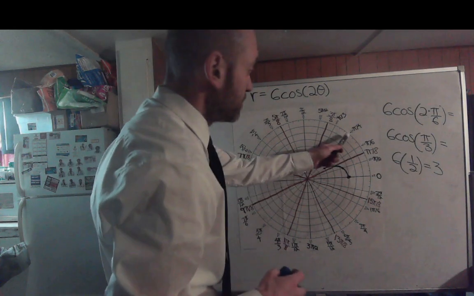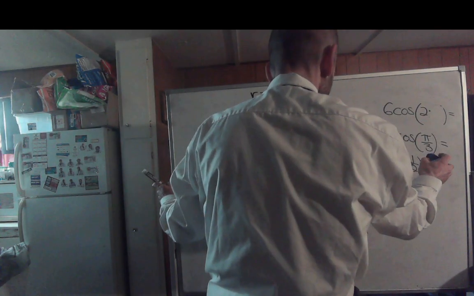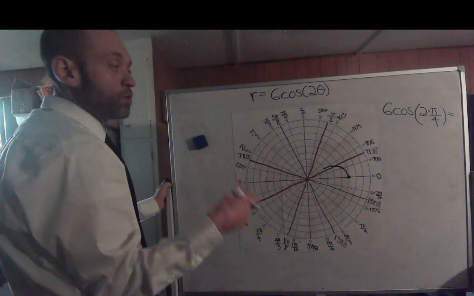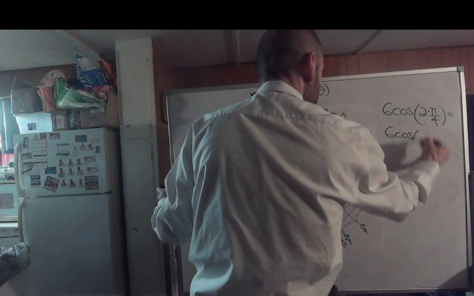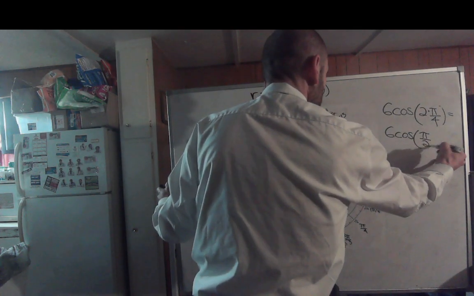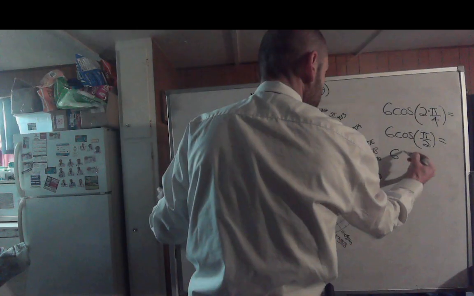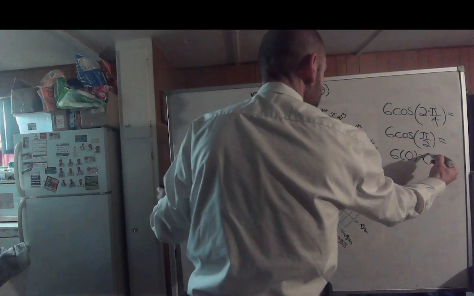All right, the next one's pi over 4. So the next angle, pi over 4, well, 2 times pi over 4, that's pi over 2. 6 times the cosine of pi over 2, well, that's just 6 times 0, which would give you a big fat 0.